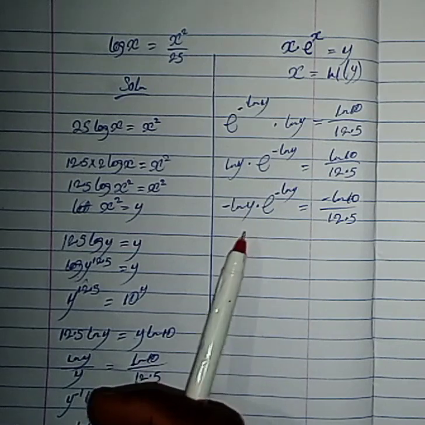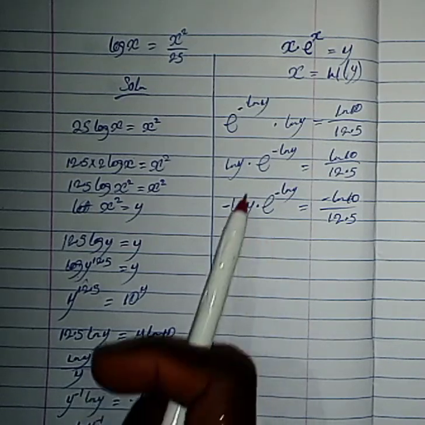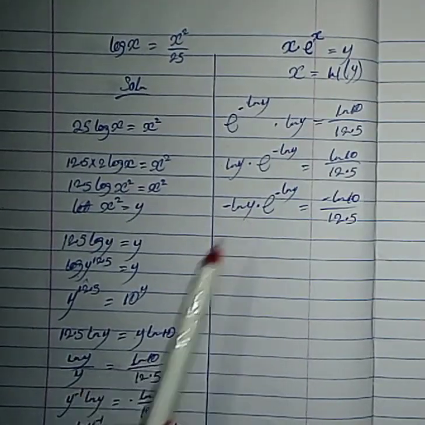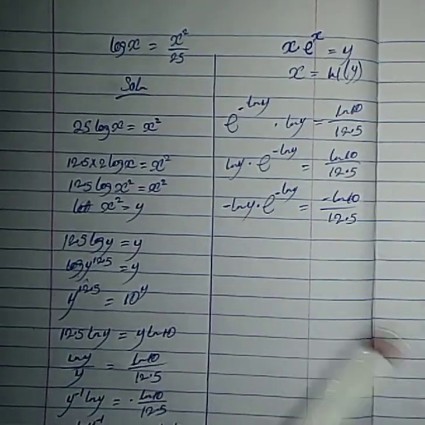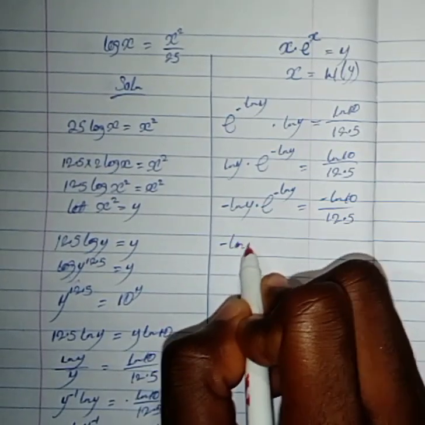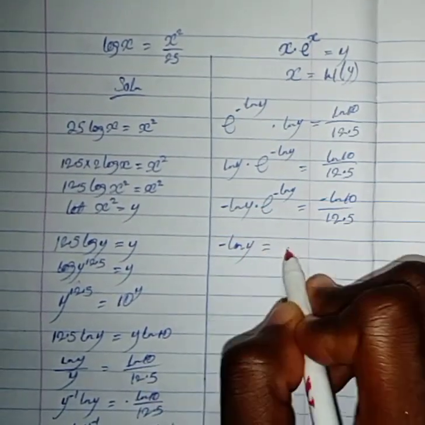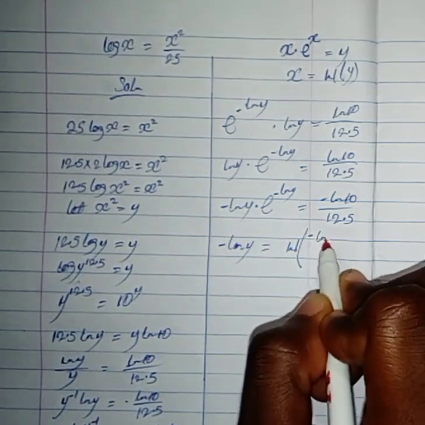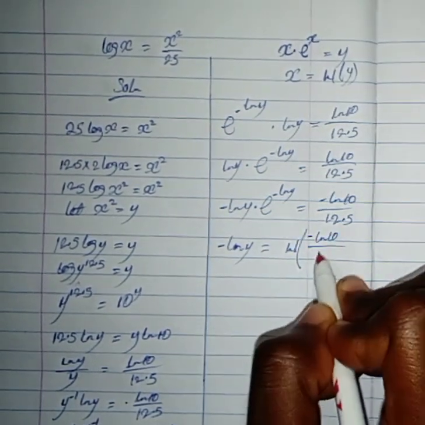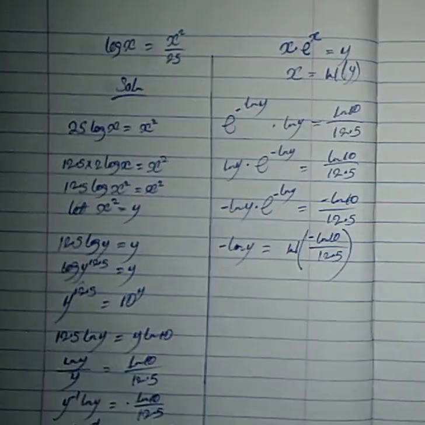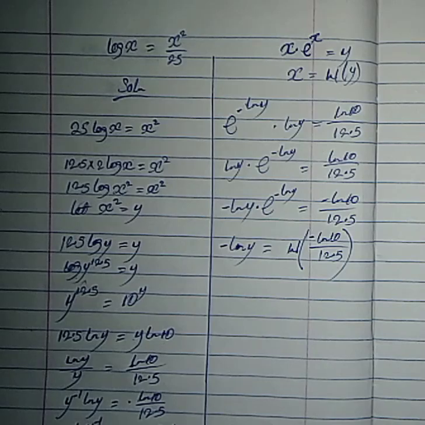If that applies here, now we know that the x here is negative ln y. So then we have negative ln y is equal to the Lambert W function of negative ln 10 over 12.5. Yes, that is what the Lambert W function actually states.